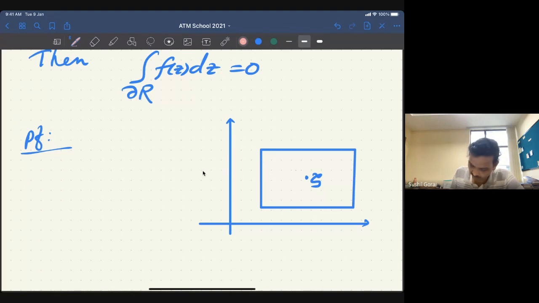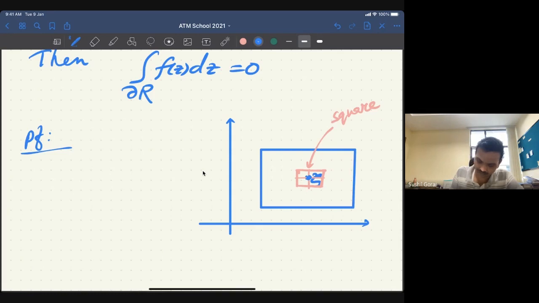So look at a small square first, a small square around the point zeta. This doesn't look like a square, but let us assume it is, such that zeta lies in the bisector of this, in the middle.